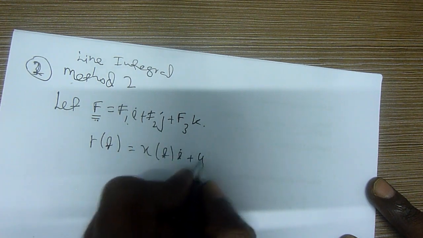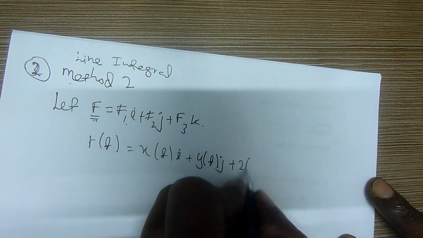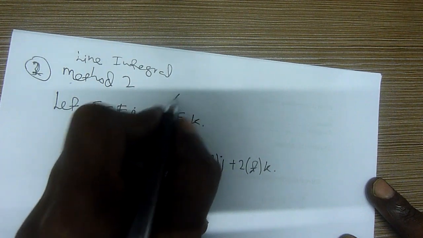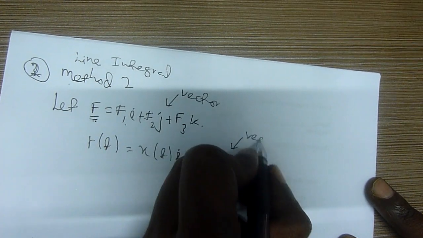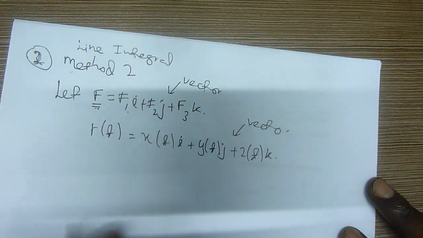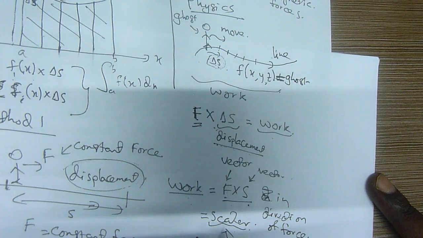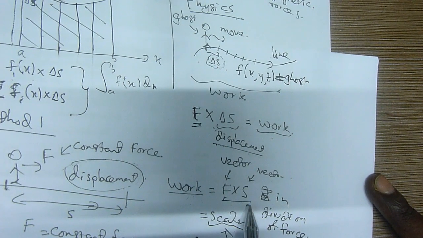This is also displacement, 2t k. Remember this is a vector, this is also a vector. Again, I repeat, F is a vector, displacement is also a vector.